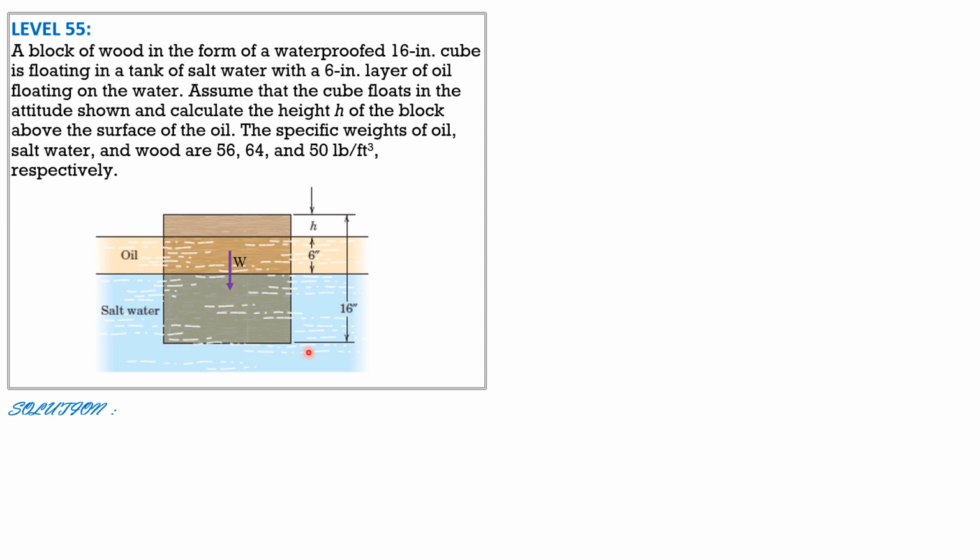The area of the bottom is constant, so we will call it A. Then we have the buoyant force due to oil and the buoyant force due to salt water. So our equation is buoyant force due to oil plus buoyant force due to seawater equals weight.